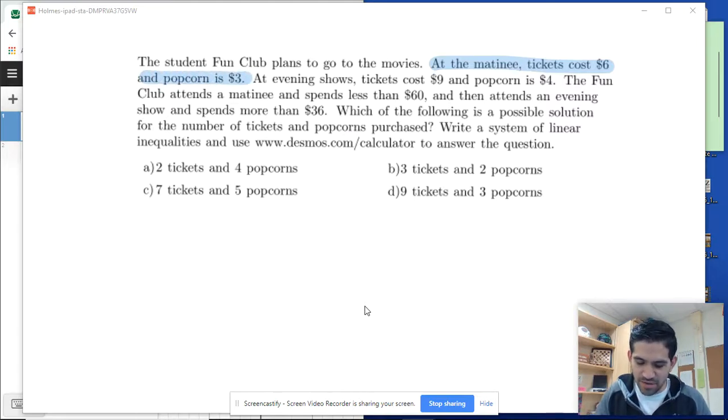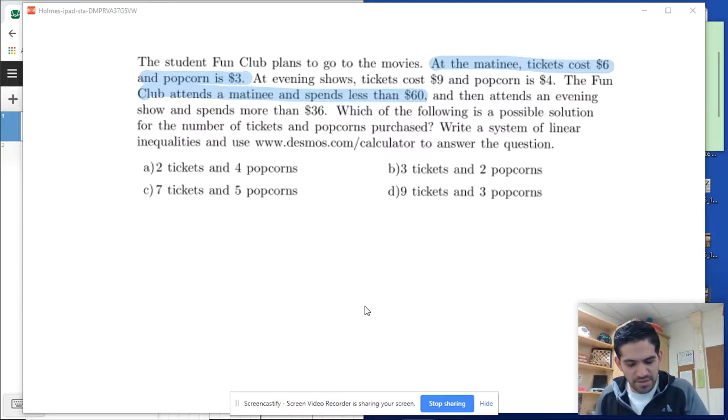It also says the fun club attends a matinee and spends less than $60. Those are the key words I'm looking for in this problem. That's for the matinee linear inequality. In a little bit, I'll do another one for the evening show. So we know the tickets cost $6 and the popcorn costs $3.